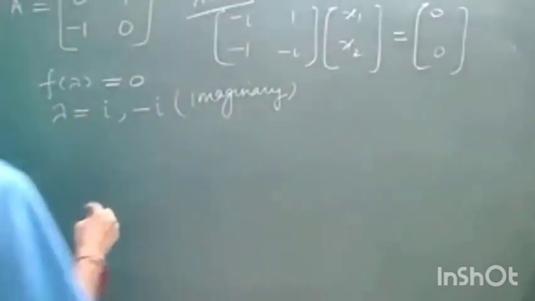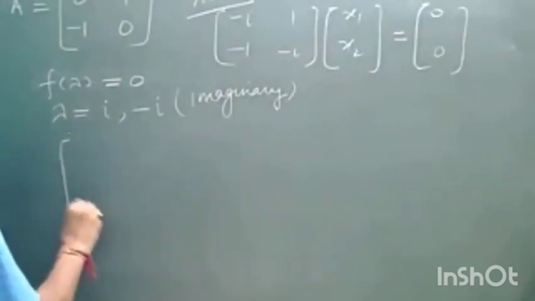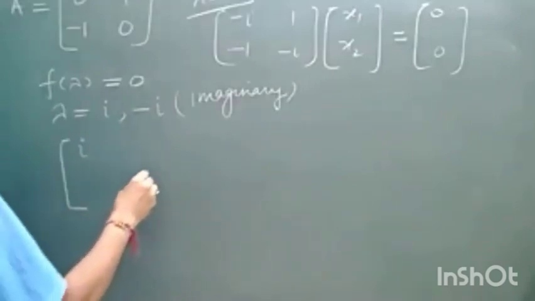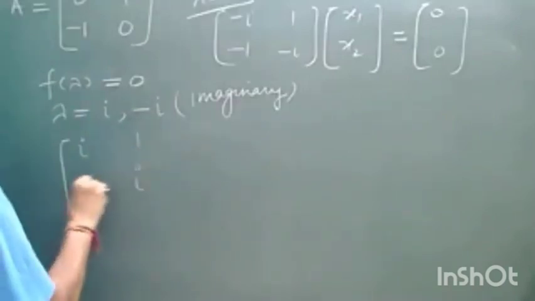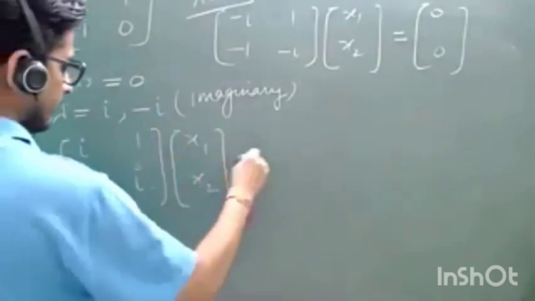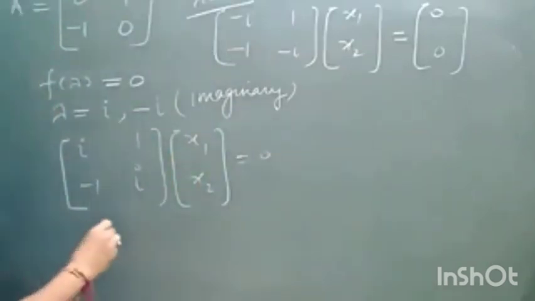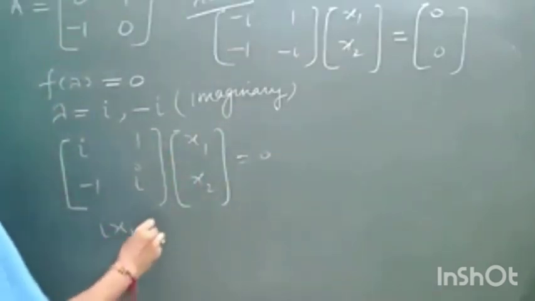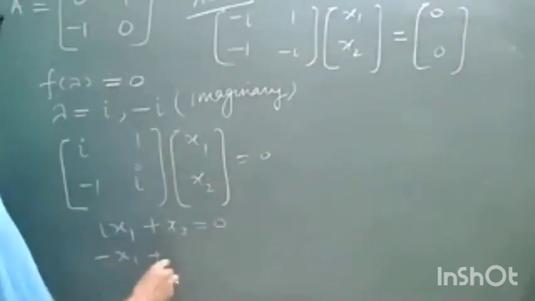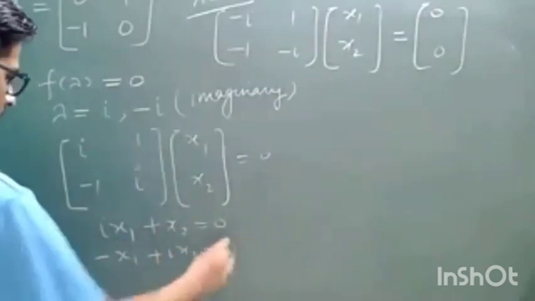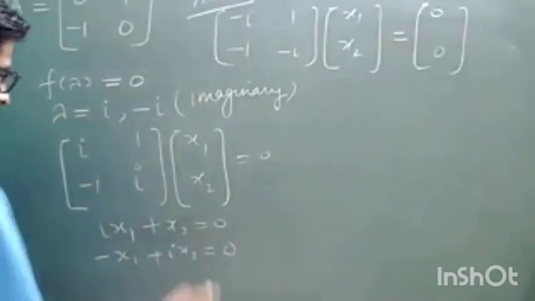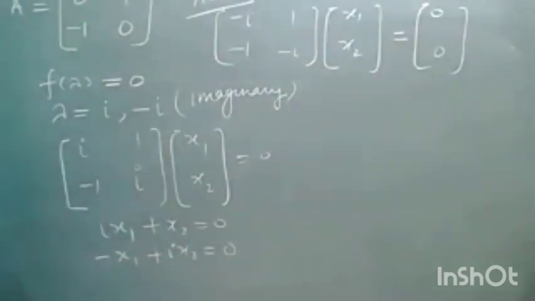So if you take minus iota, then what will happen? This time it will become iota, 1, minus 1, iota, x1, x2 is equal to 0. So it will become iota x1 plus x2 is equal to 0 and minus x1 plus iota x2 is equal to 0. Correct? So these two equations are also the same.